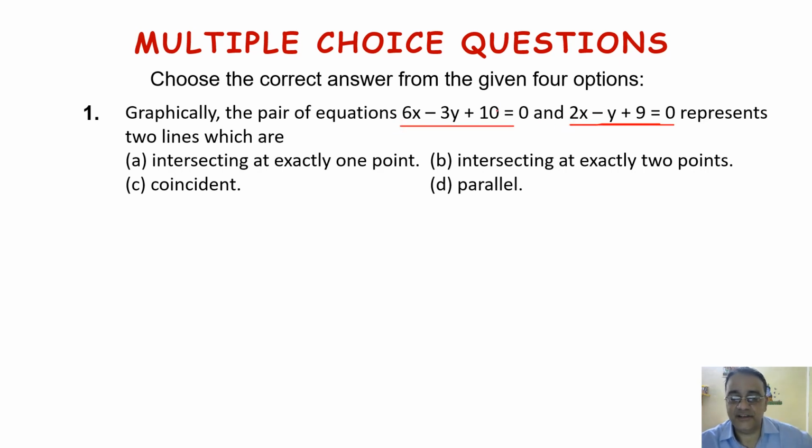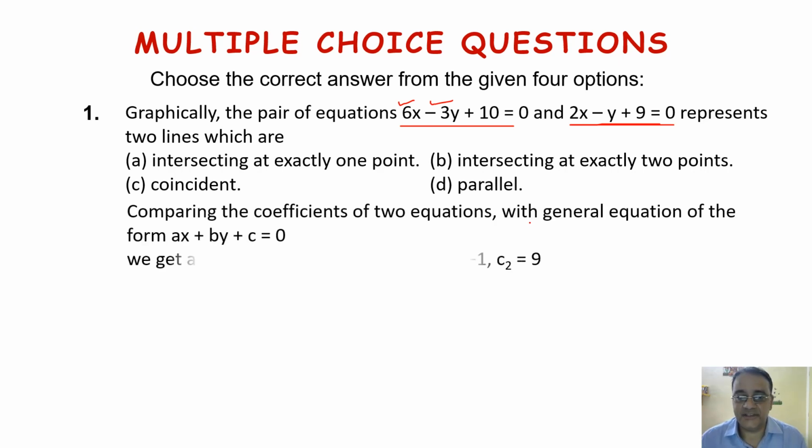So what is the value of a1 here? 6. b1 minus 3, very good. c1 plus 10. Okay. a2, 2, b2, minus 1, c2, 9.